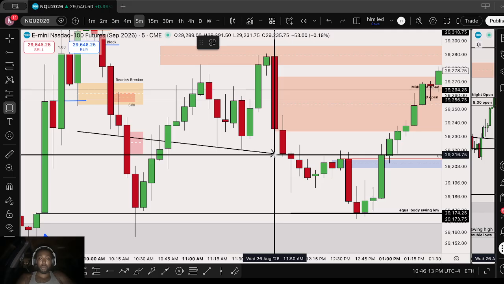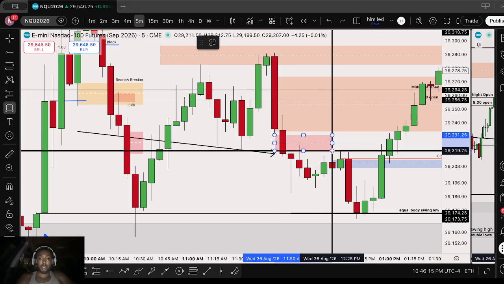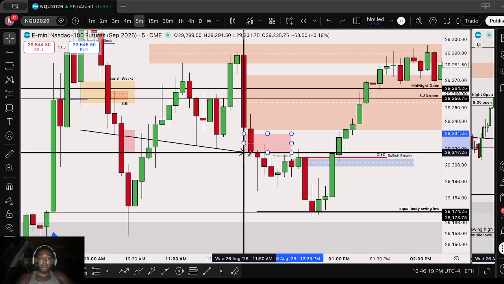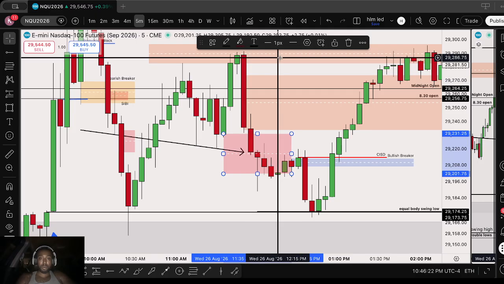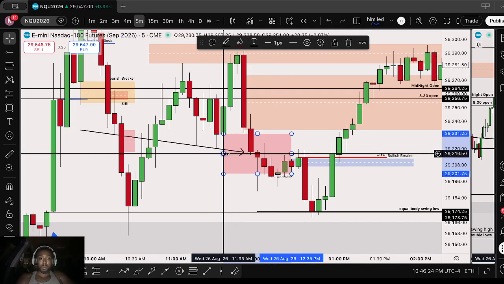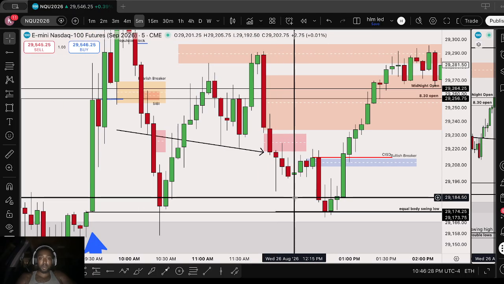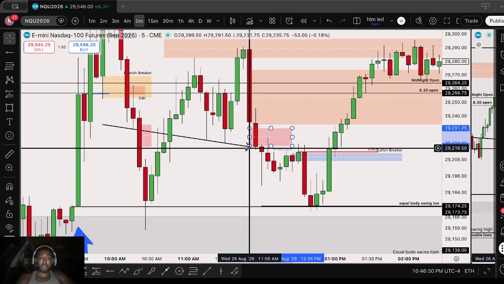Sorry, the chart is getting real, but y'all keep the picture. Look how I come right back to that fair value gap right here. And look how we got this fair value back here, the same thing.